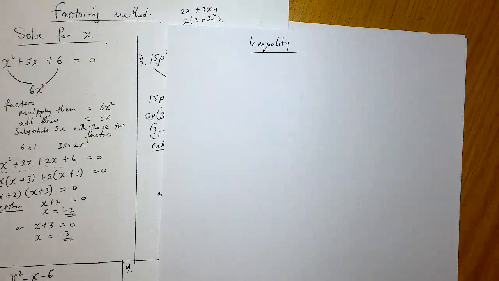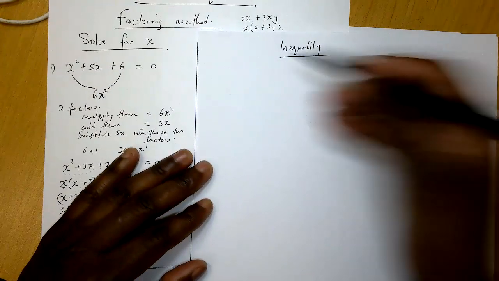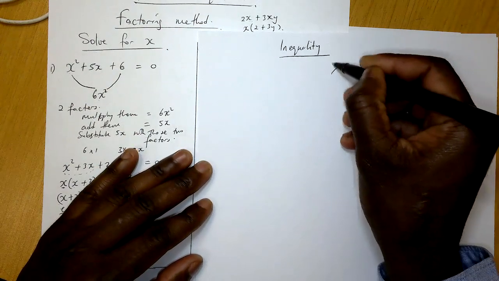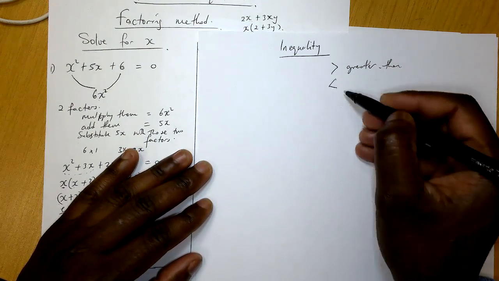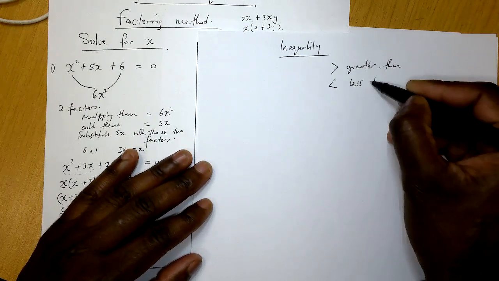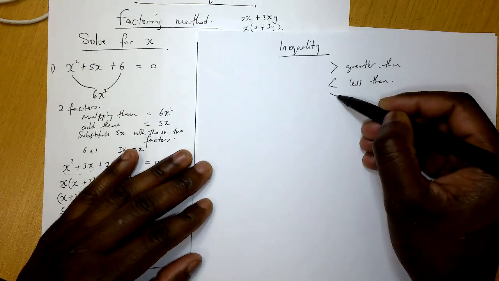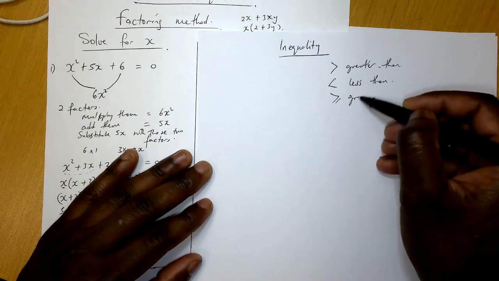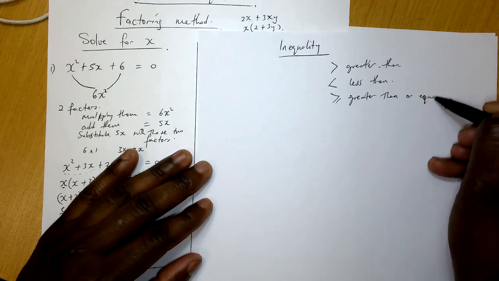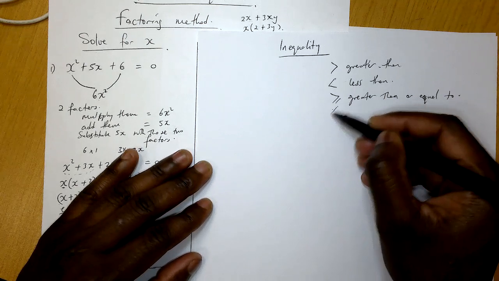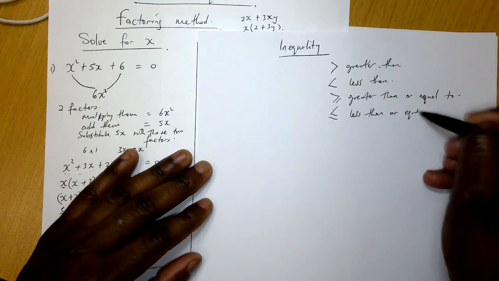Okay, so here I'm going to do what we call inequalities. And with inequalities, remember, you use these signs: this one is greater than, this one is less than, this one is greater than or equal to, and this one is less than or equal to.